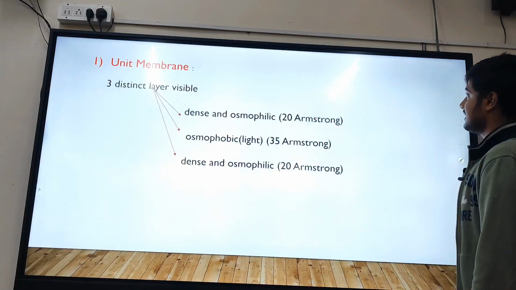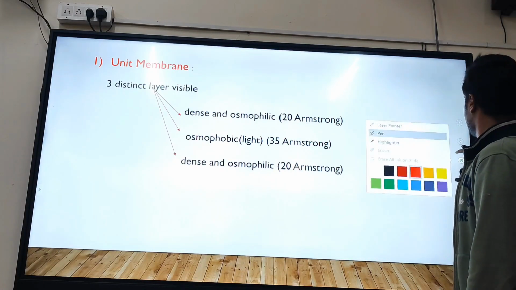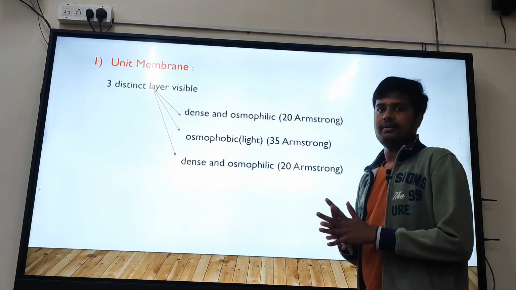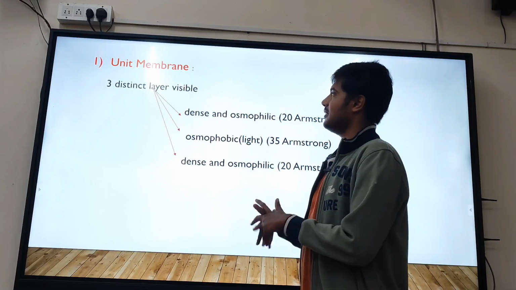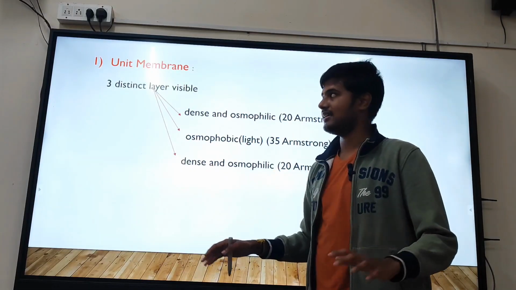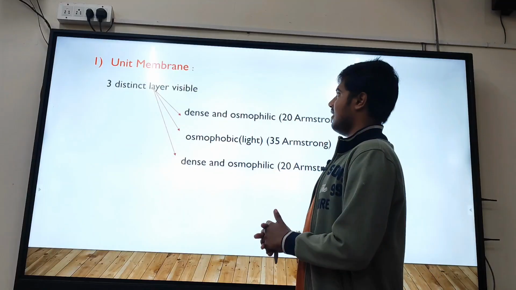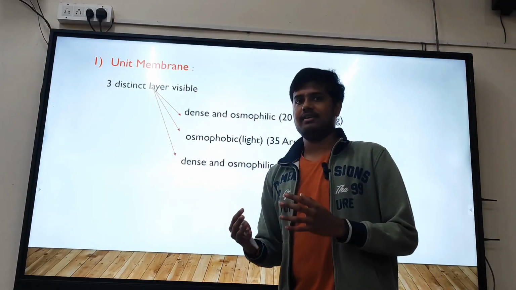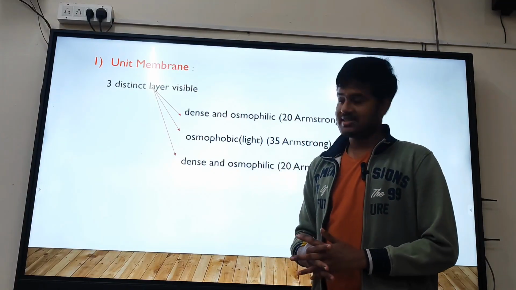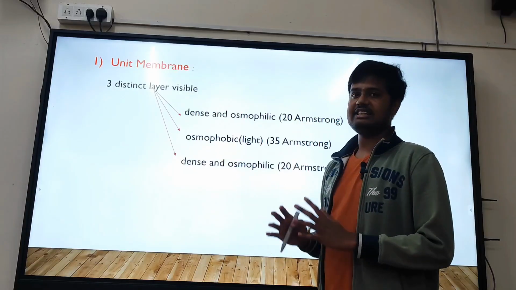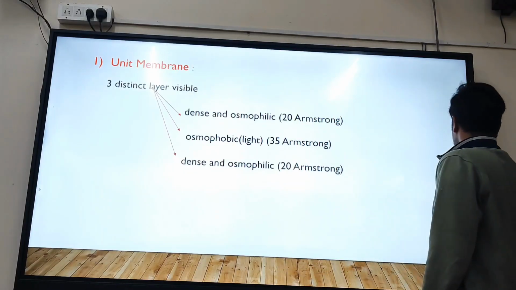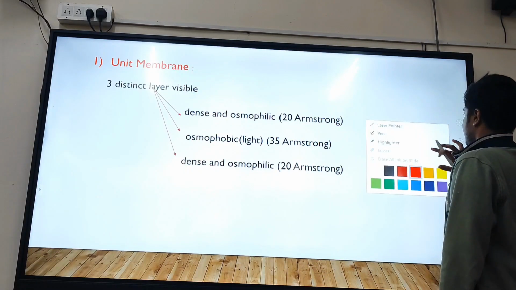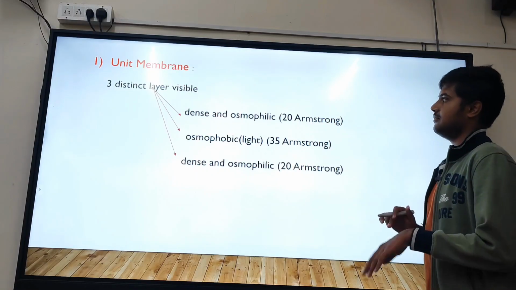Okay. Next, go to another concept, that is the unit membrane. Let's elaborate. This is derived from Robertson. There are three distinct visible layers. What he told means, in the cell wall three distinct layers are visible.